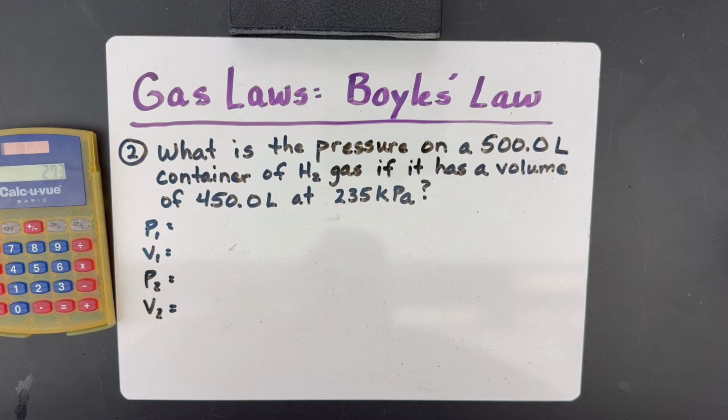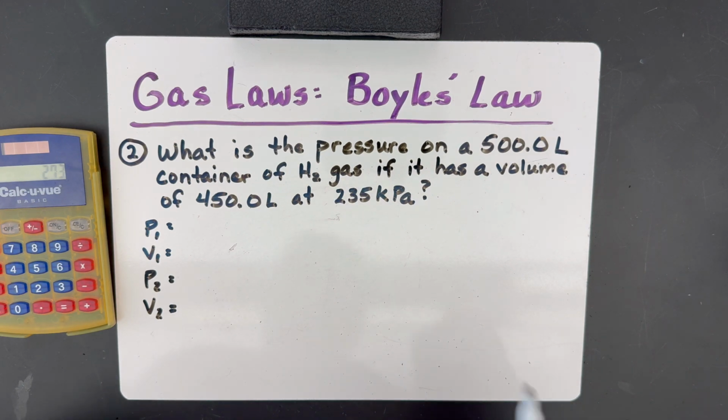Your pressure may be measured in kilopascals, atmospheres, millimeters of mercury, or torr. So any of those 4 units you may see for pressure. Volume is usually going to be in either liters or milliliters. In this case, it's in liters.